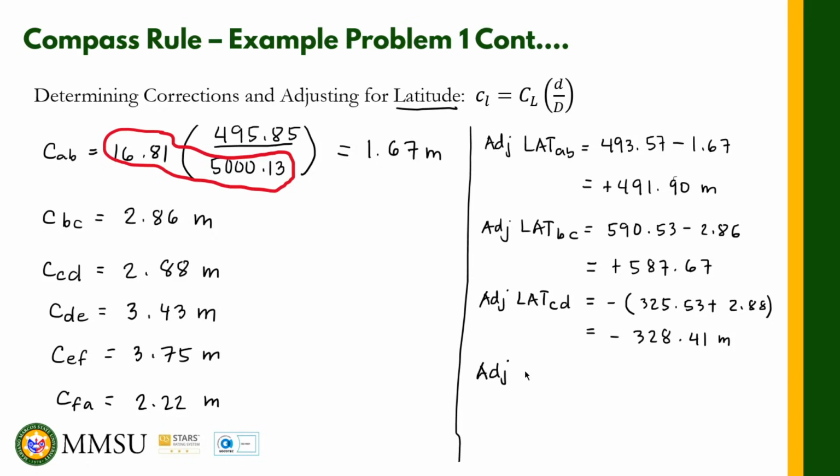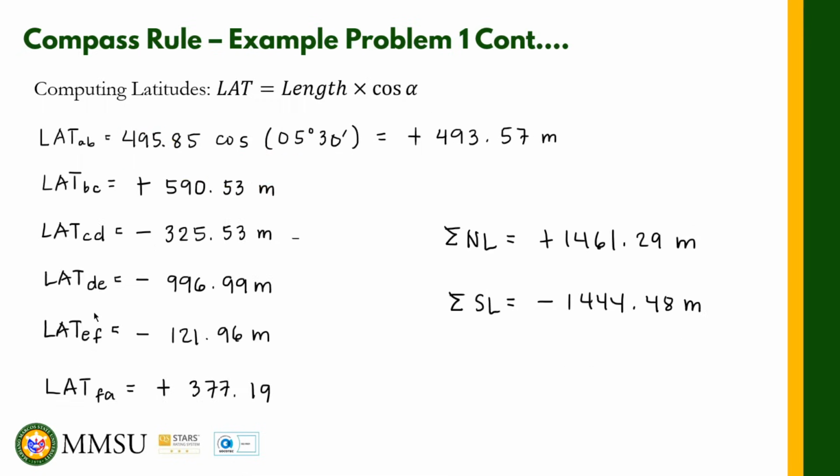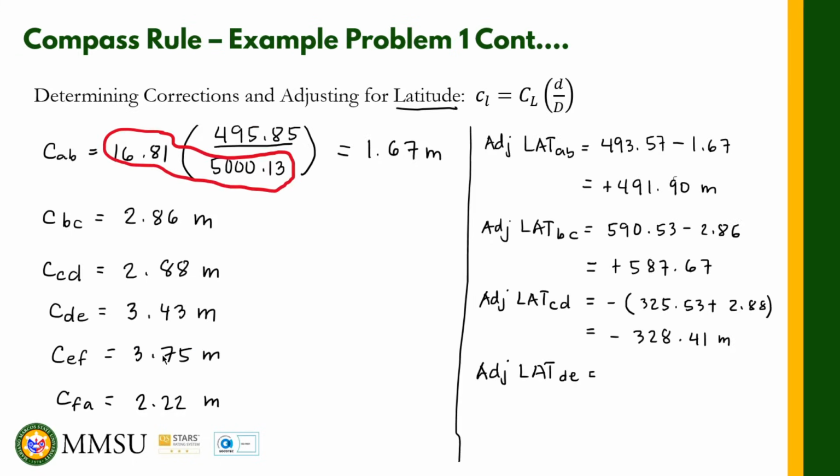So next, we have the adjusted latitude naman for DE. Okay, the original latitude is negative 996.99. Tapos idadagdag natin siya ng 3.43. Kagaya ng dito sa CD, we will come up with negative 1,000.42 meters. Okay, then we have adjusted latitude of EF.